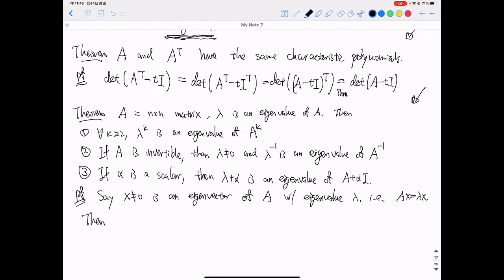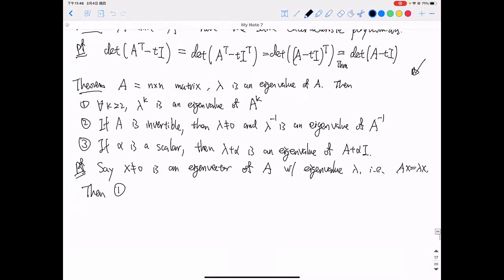Then now we proceed to proof 1. So if we are looking at the k power of A applied to x, we're going to use a property of matrix multiplication to write it like this.